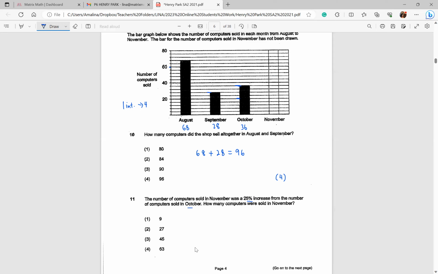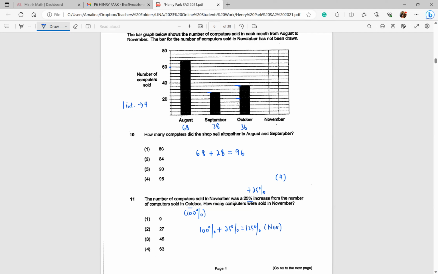So your October, the previous month, is the 100%. Okay, increase means you plus 25%. So altogether now, my percentage will become 100 plus my 25%, which means you're looking at your 125%. So this is for the month of your November.